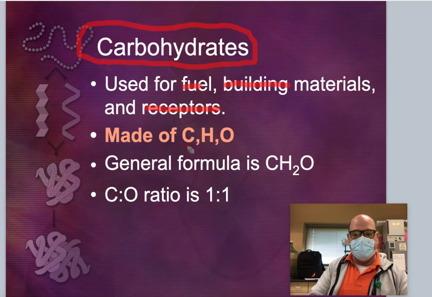So what elements are you going to find in carbs? It's going to be carbon, hydrogen, and oxygen. And in general, they have a formula like this. Now, that might be a little hard to interpret, but let's expand this out.